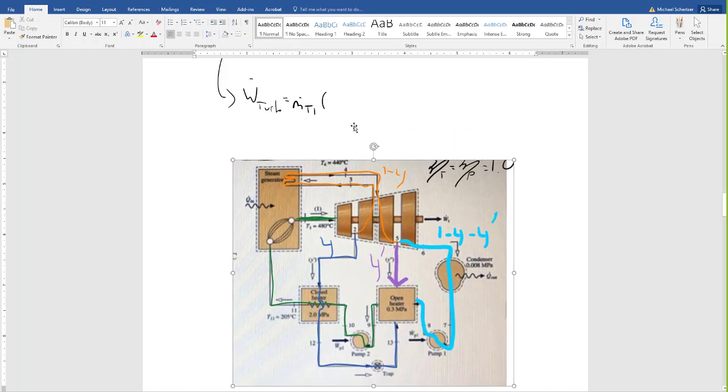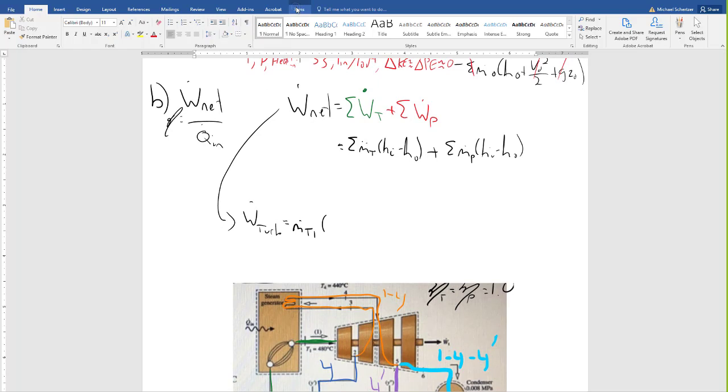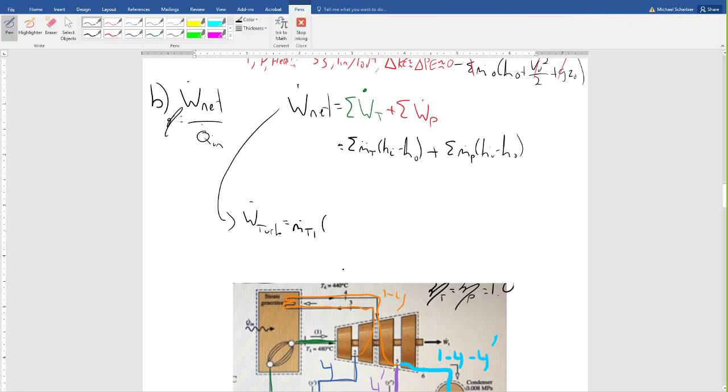Right, so the first turbine is going to now be, it goes from state 1 to state 2, H1 minus H2. Second turbine is m dot T2. This goes from state 2 to state 3.